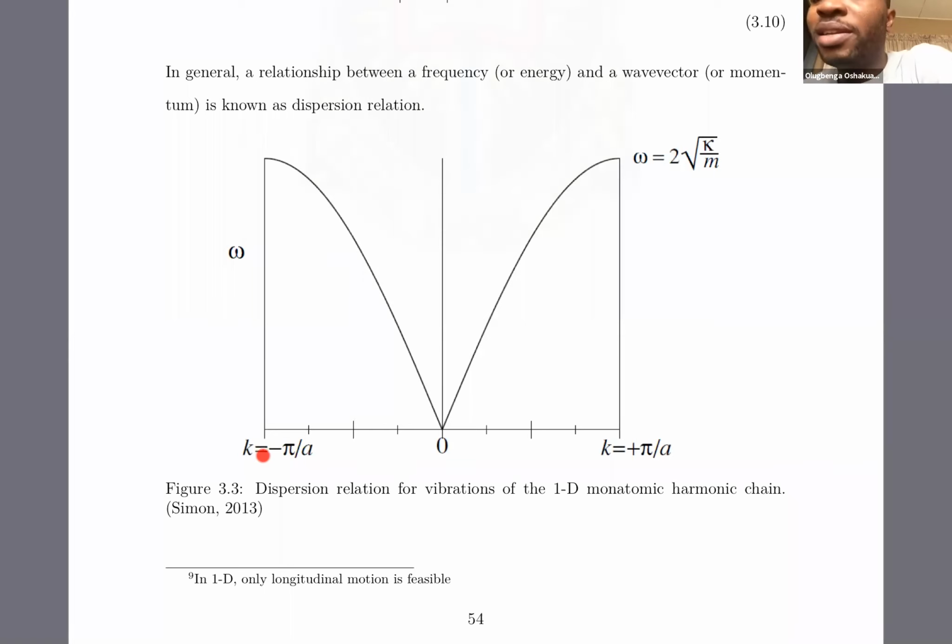So when the wave vector is 0, the angular frequency is 0. And when the wave vector moves towards the boundary, because in this case now, we've said earlier that the atoms are separated by a distance a.